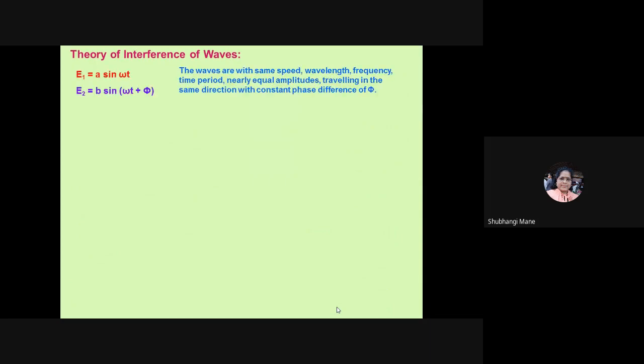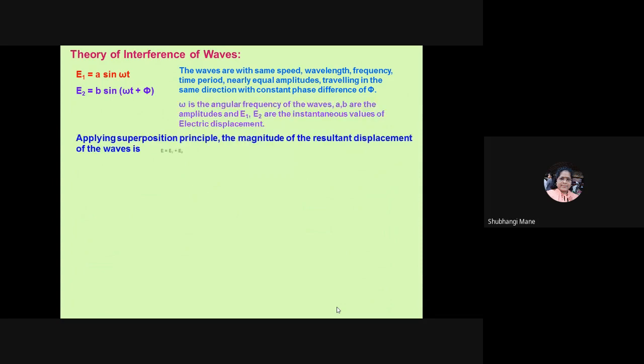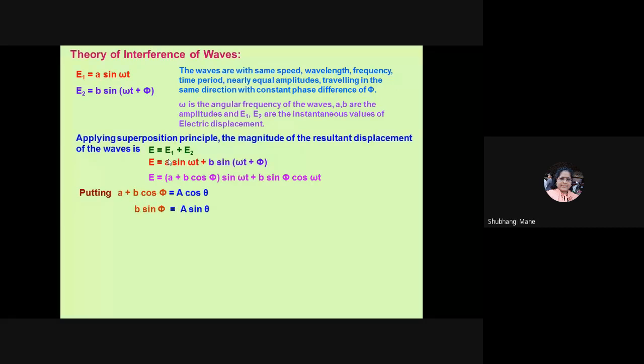Then a few formulas. From the point of view of examination, we have to remember that E equals E1 plus E2, that is, the resultant intensity due to superposition of two waves respectively having intensities E1 and E2 is given by E equals E1 plus E2.